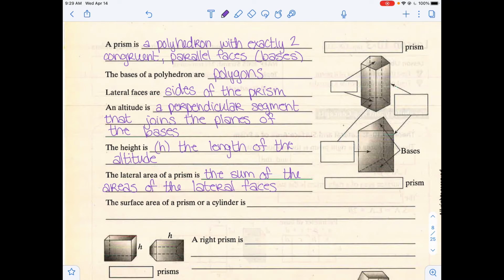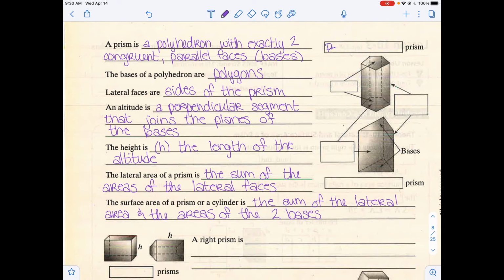And the surface area of a prism or a cylinder is the sum of the lateral area and the areas of the two bases. So surface area is like every single surface of the shape. Lateral area is just the lateral sides.